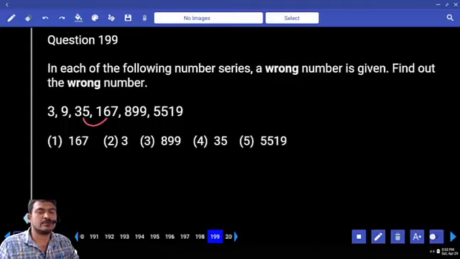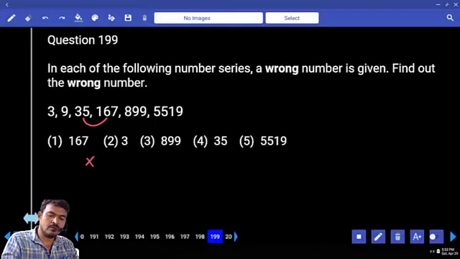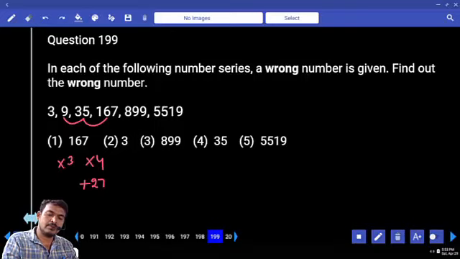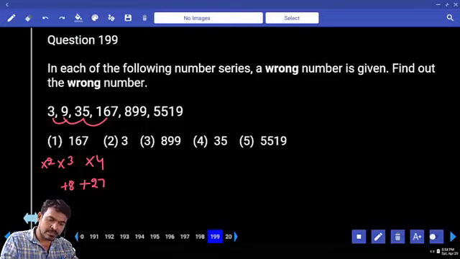Next, question number 199. 35 becomes how much? 167. Almost 4 times. 35 times 4 is 140 plus how much value? 27. Next, 9 becomes 35. Almost 3 times plus 8. Obviously, the previous one times 2 plus 1.